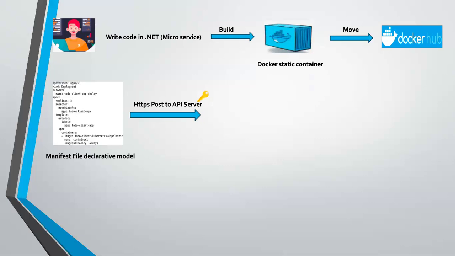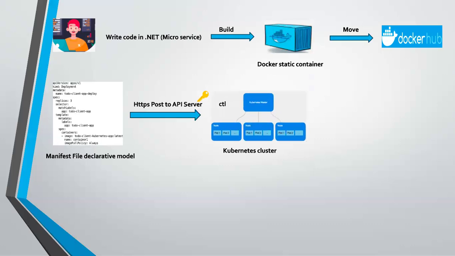The call goes through port 443, which is HTTPS, and when you send your request with the manifest file to the API server, Kubernetes will do authentication and authorization.